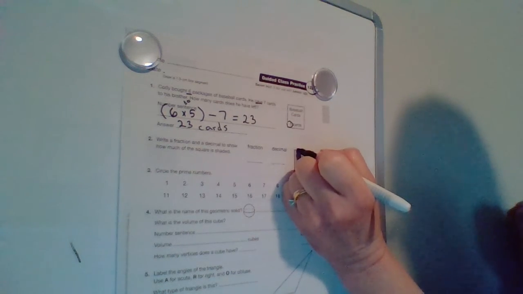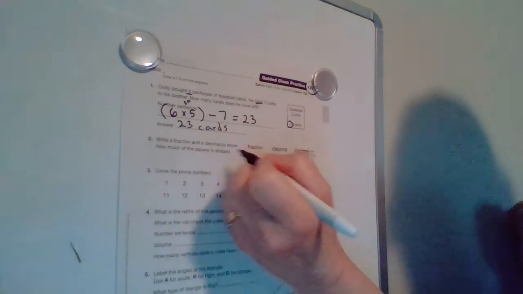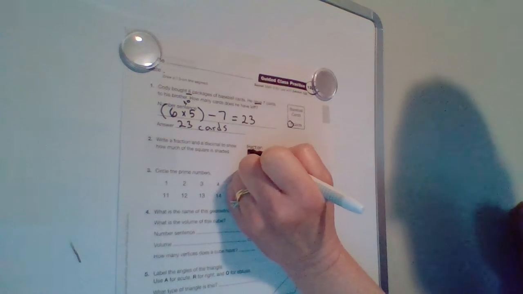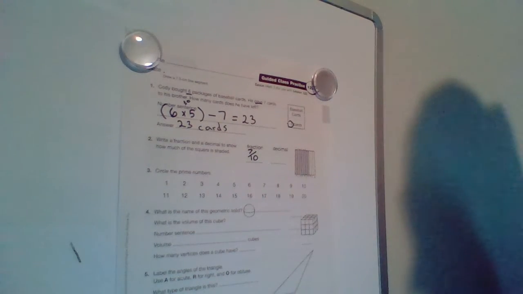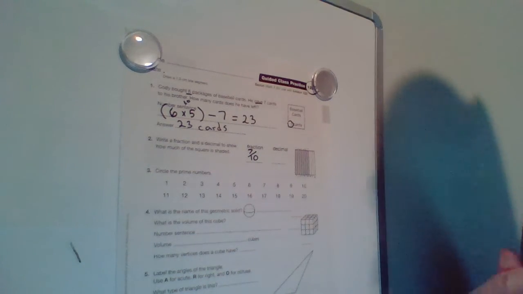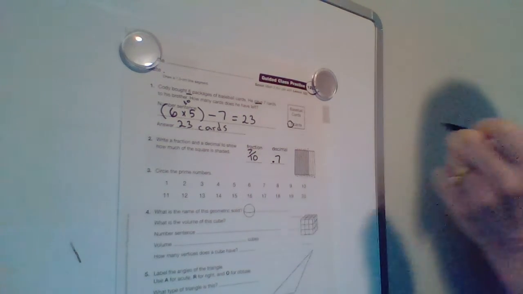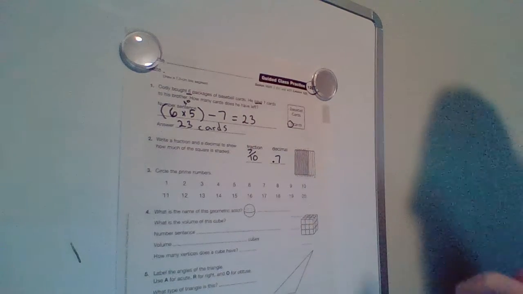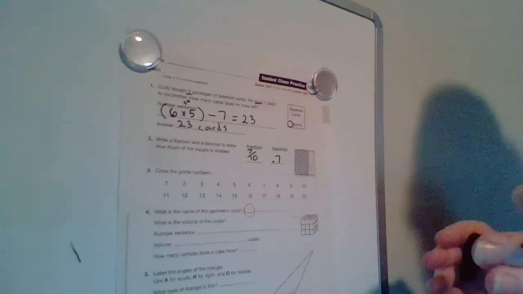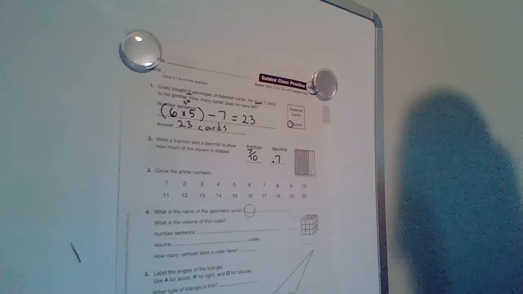So we have 1, 2, 3, 4, 5, 6, 7. So the fraction is going to be 7 out of 10 are shaded. Now to write that as a decimal, it's going to be 0.7. 7/10, 0.7. If you put 7 without a decimal, that's not right. Okay, so it's going to be 7/10, 0.7.